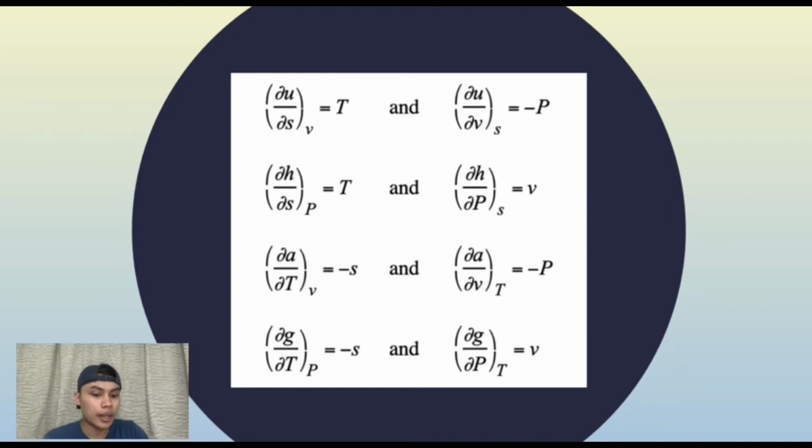So by controlling one of the constants, we will be able to get different values. The example here, dU over dS, if we hold V constant, we get T, and dU over dV, if we hold S constant, we will get negative P. So this is what I mean by controlling one constant, we will be able to get a different value.